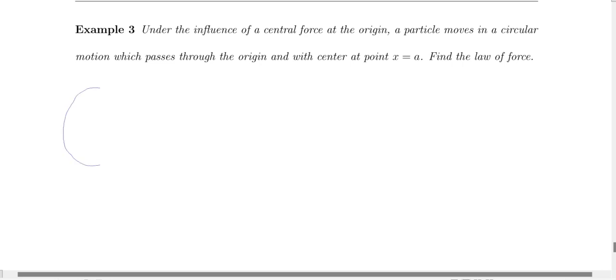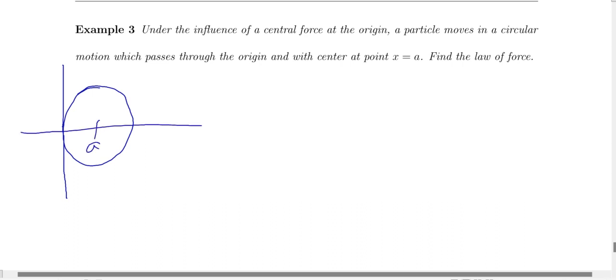So we think of a particle that moves along a circle with center at x equals a, and the path moves like this. I want to try and draw as nearly as possible. This point here is 2a.